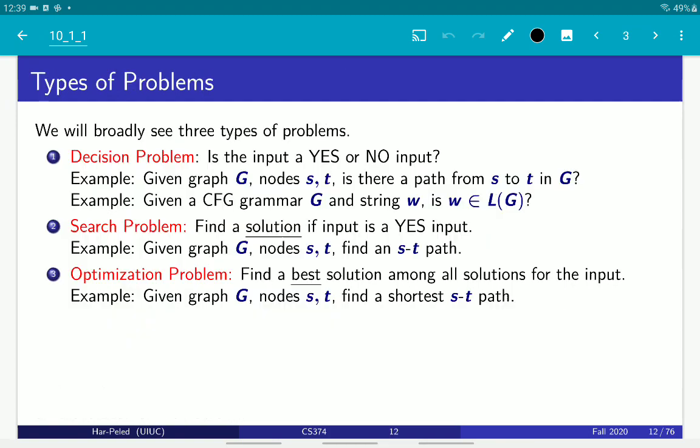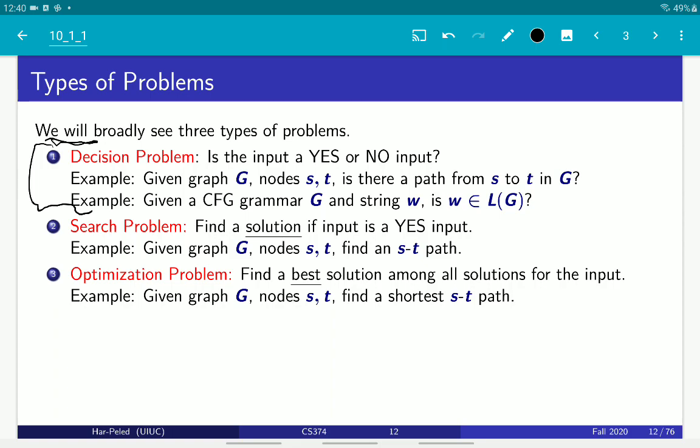Now, the important thing is that there are several types of problems that we'll be interested in solving. The most basic one, and the one that we use when we want to think about complexity, or things like languages and so on, is the decision problem.